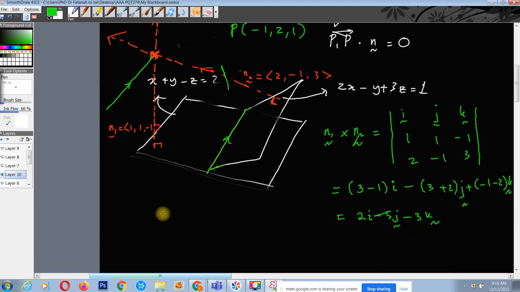Let's say this point is R, so PR cross the line direction equals i, j, k with 2, -5, -3 and -1, 2, 1.